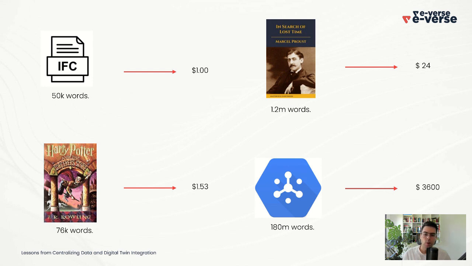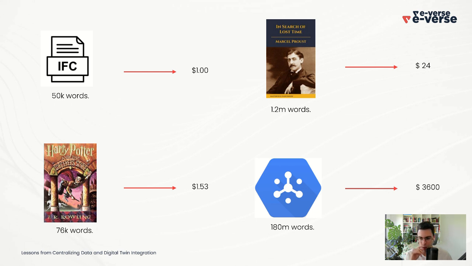For example, if you send an IFC with 5,000 words, it's going to cost you a dollar every time you ask a question about that specific IFC. If you send the largest book in the world, by Marcel Proust, it's going to charge you $24 every time you ask a question.